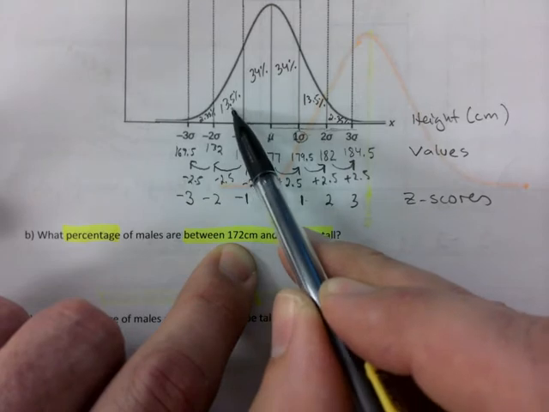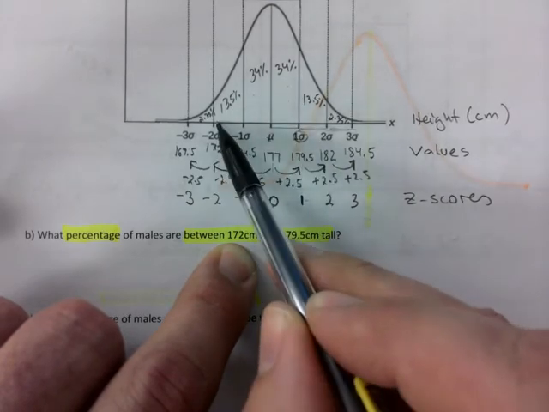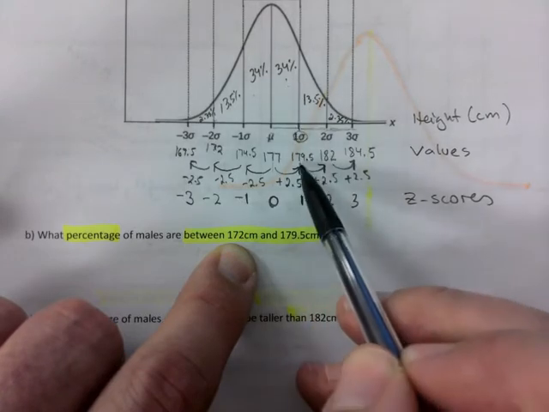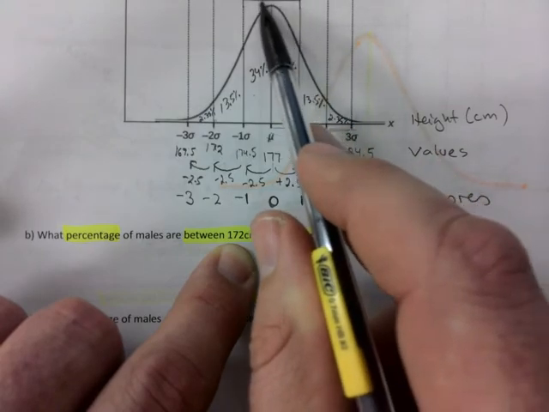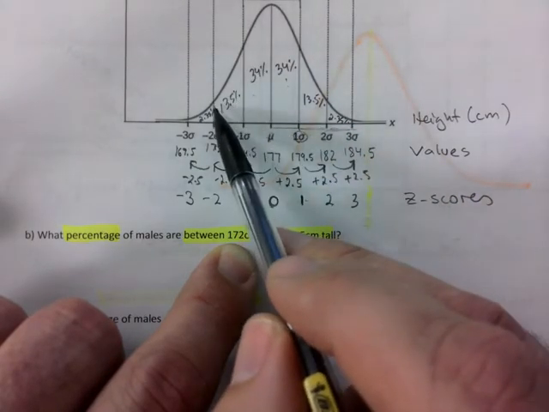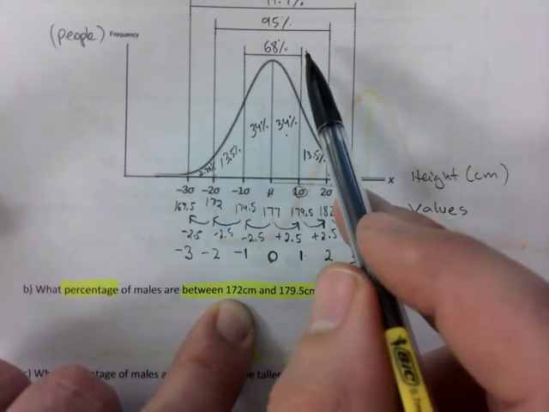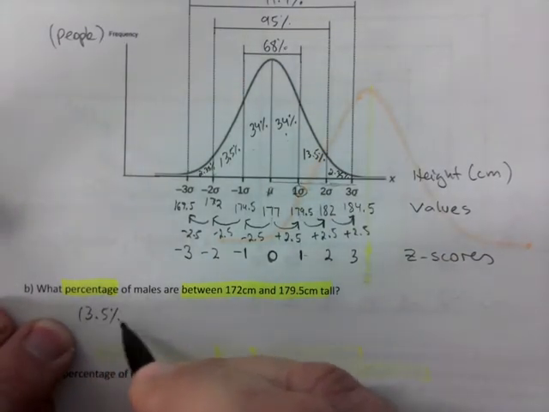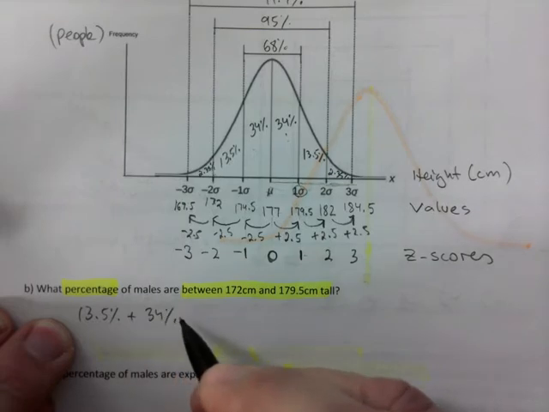So we're going to add up these percentages, because 172 starts right here. So we're going to add this, this, this, until we get to 179.5. You could also just go 68 plus the 13.5, because we know that this is 68. But I'm going to go step by step. So 13.5% plus 34 plus 34.